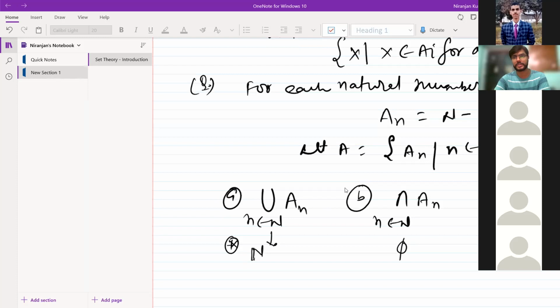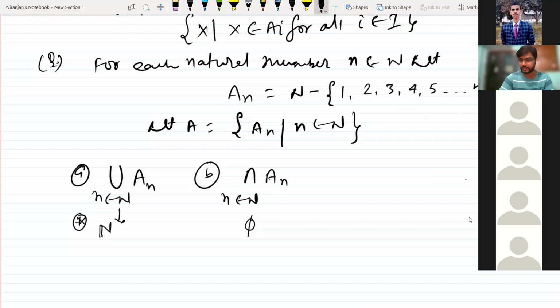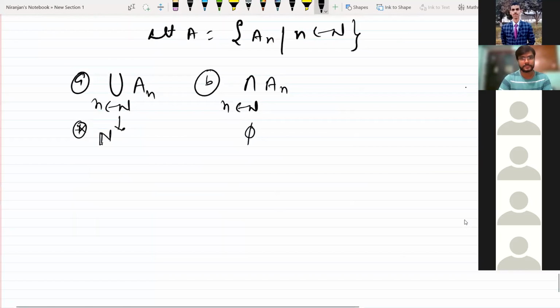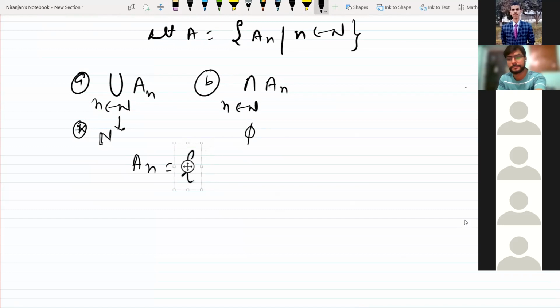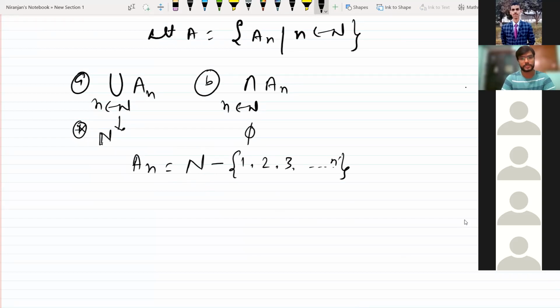Okay, so let me write the answer because I've given you enough time, 3 minutes actually. Look here. How exactly is my set defined? My set is A_n equal to N minus {1, 2, 3, ..., n}, where n belongs to natural numbers. Look at this, guys, this is really important. Your n starts with 1.